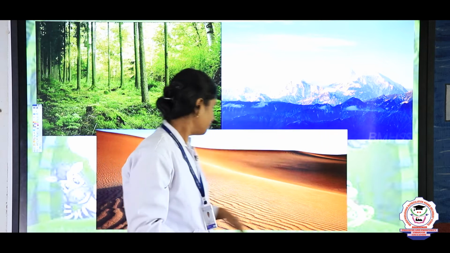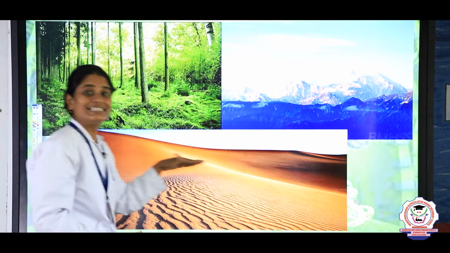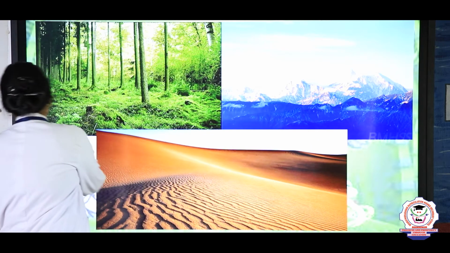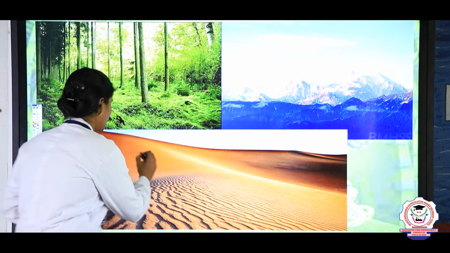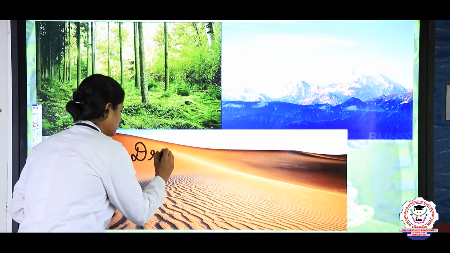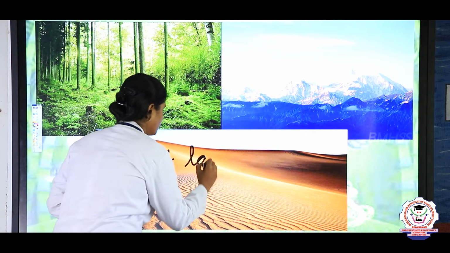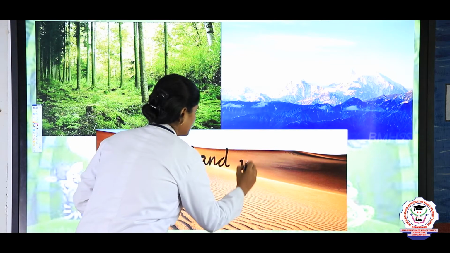So, a forest is a habitat. And then mountains. In the mountain regions also, many animals live. And then desert. A desert is a dry place. It is full of sand. So, it is dry land with sand.